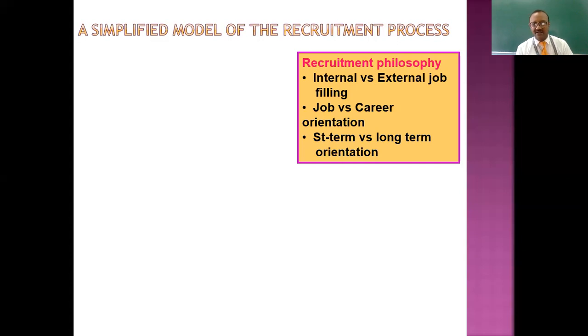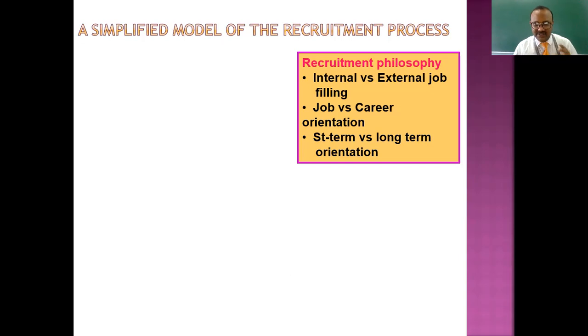We call this as internal recruitment, one source, right? So there are certain jobs which can be taken up only by insiders, those who are there working in the organization right now. External, these are jobs that are open for outsiders. These jobs are going to be taken up by those from the job market from outside. Okay, so you must be very clear about these things.